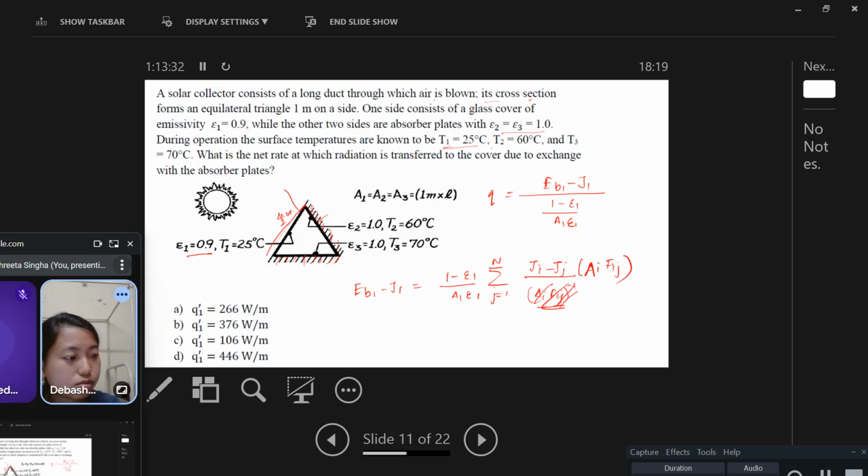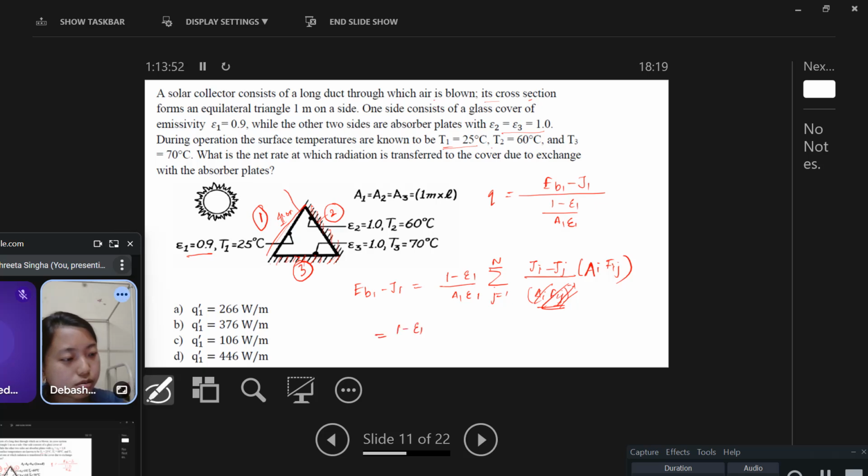All right. Here there are only two other surfaces. If we consider this glass surface as 1 and the other two surfaces, black bodies, as 2 and 3, then j will be denoted by just 2 and 3 only.